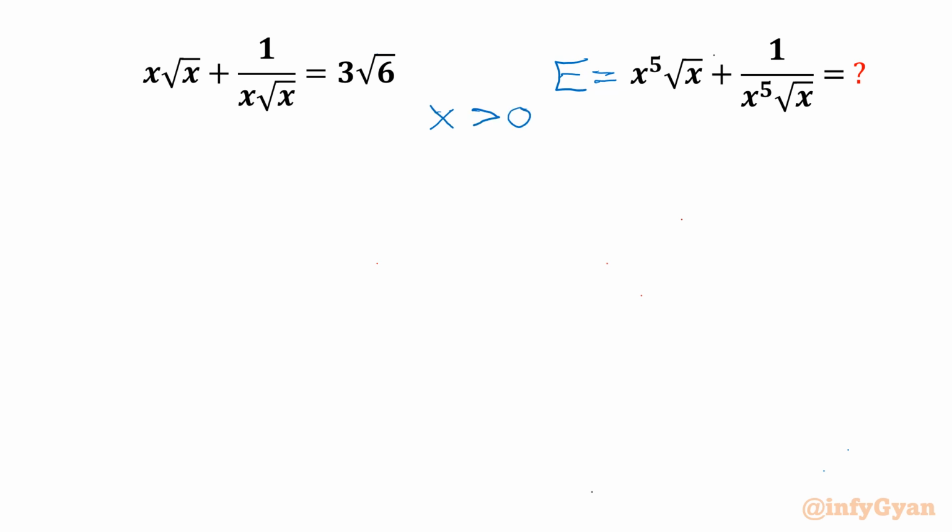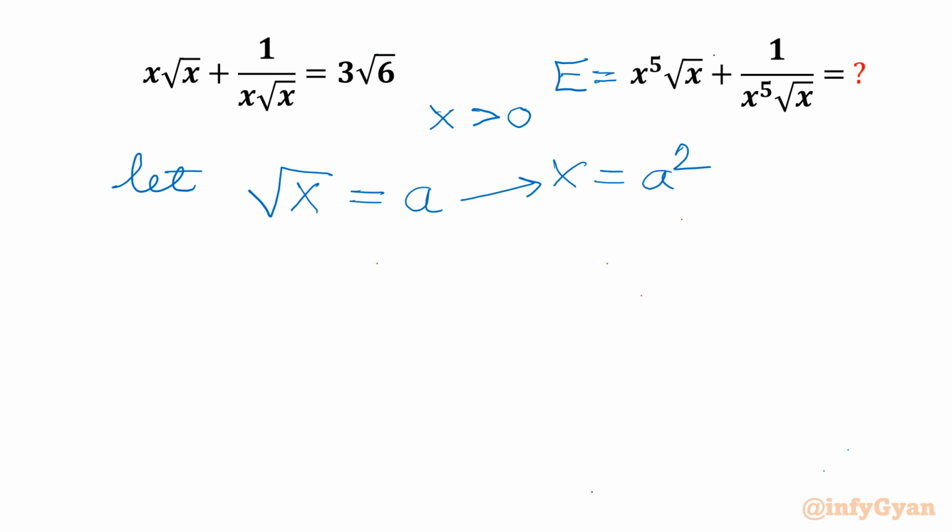Now I will write our equation and expression for our substitution. Let me write root x is equal to a. So x will be equal to a square and x power 5 will be a power 10. Now our equation will convert into a radical free variable equation and expression.